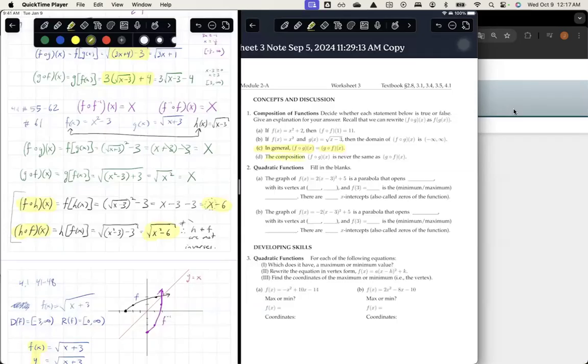In part D, the composition f of g is never the same as g of f. Is that true? No, that's also false, because sometimes the composition is the same, as in this case here. If they're inverses, then the composition in both directions is the same. It's just x. Okay, so yeah, I would say false for that one as well.